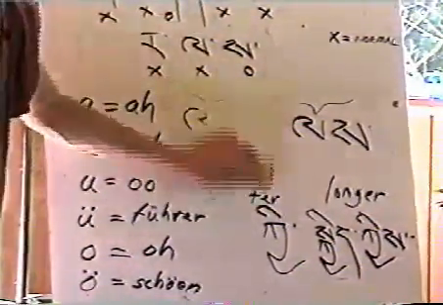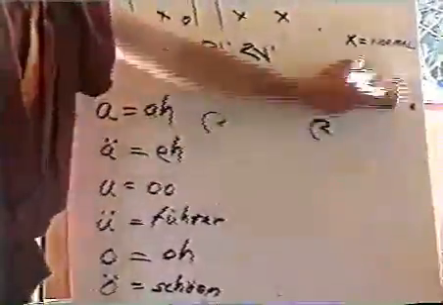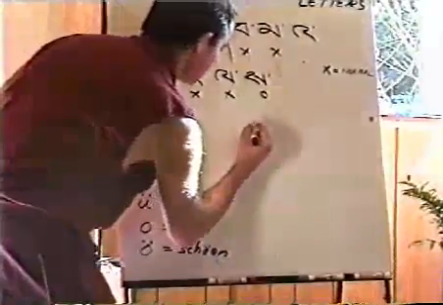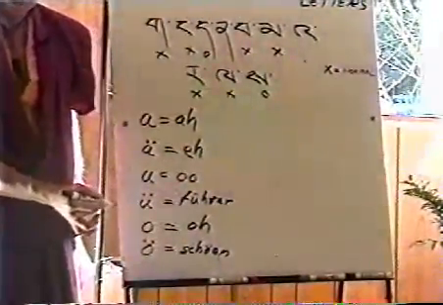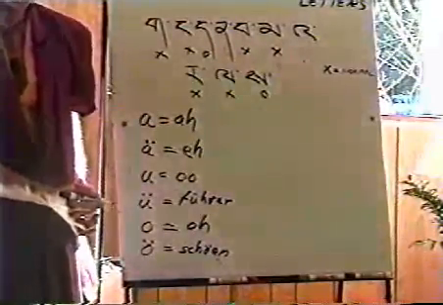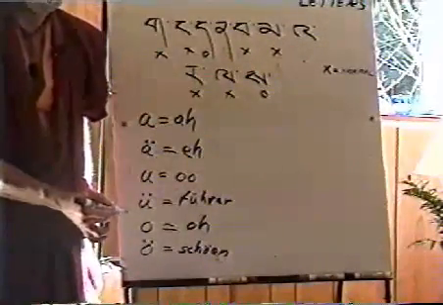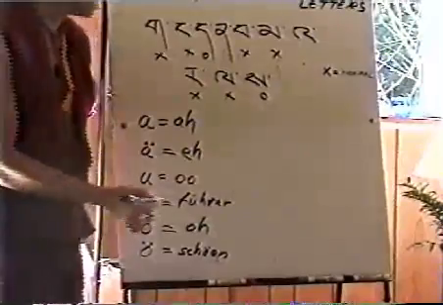Na does not drop out, but the umlaut rule applies. Okay? Which means this umlaut thing here. The vowel value changes. It doesn't get longer or anything like that, and you don't lose the na, but the vowel does change. Okay, here we go.